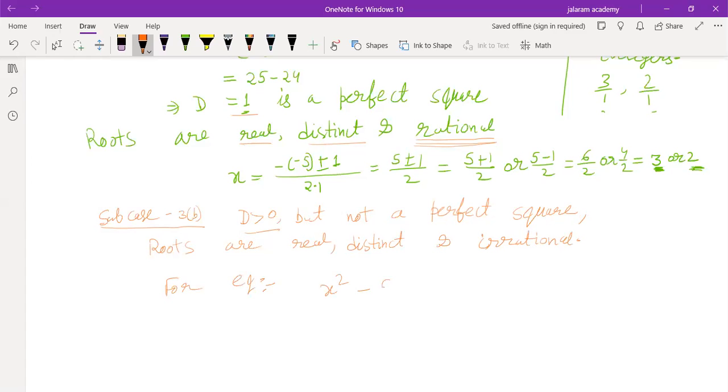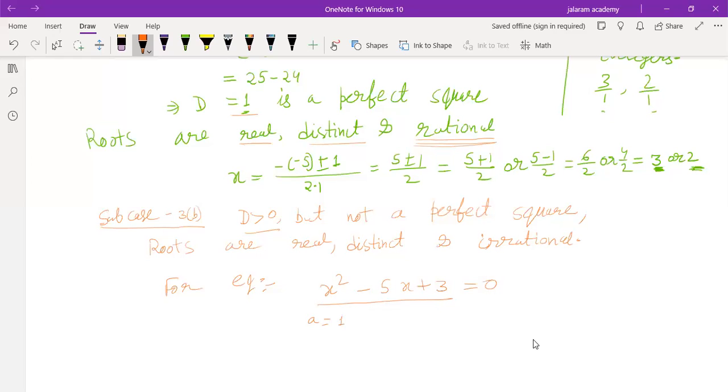For example, x square minus 5x plus 3 equals to 0. So check for the nature of the roots. The question is given: discuss the nature of roots of the quadratic equation x square minus 5x plus 3 equals to 0.